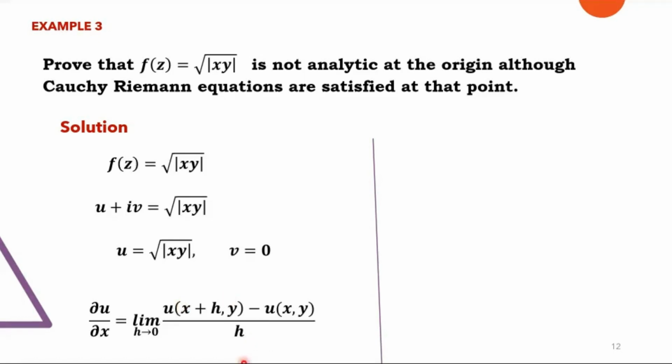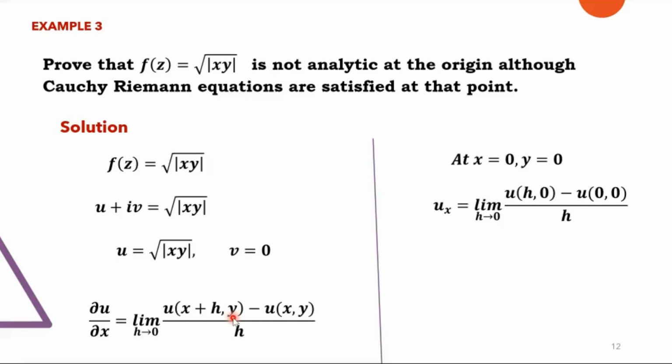This is much simpler in differentiating because we are having root of mod of xy. So I'm going to make use of the same first principle method to calculate the derivative. Again, at x equal to 0, y equal to 0, we will have u of h comma 0 minus u of 0 comma 0 upon h.